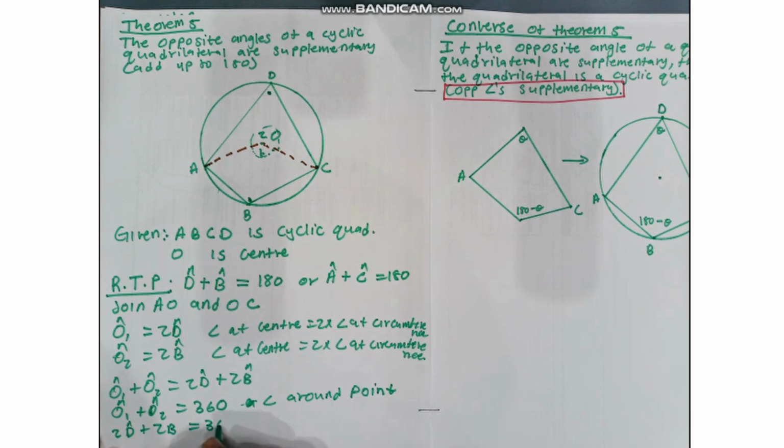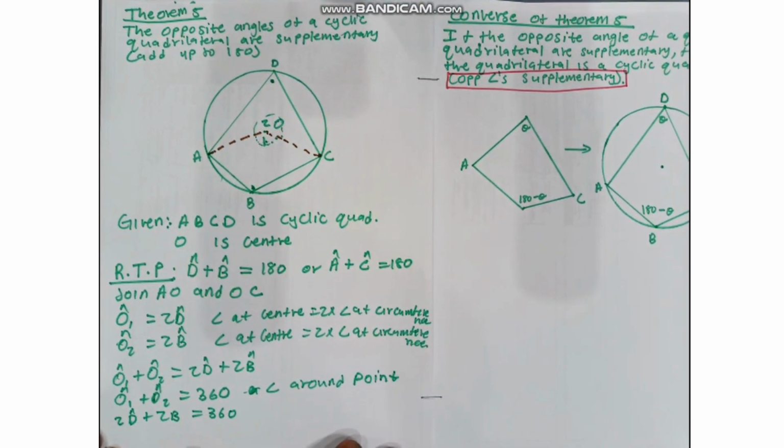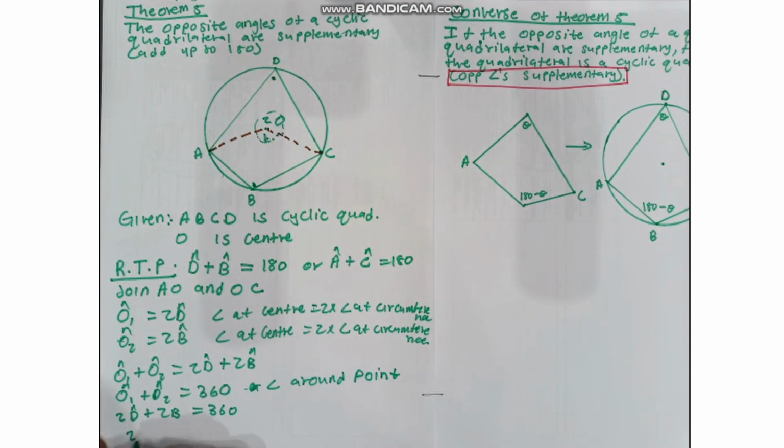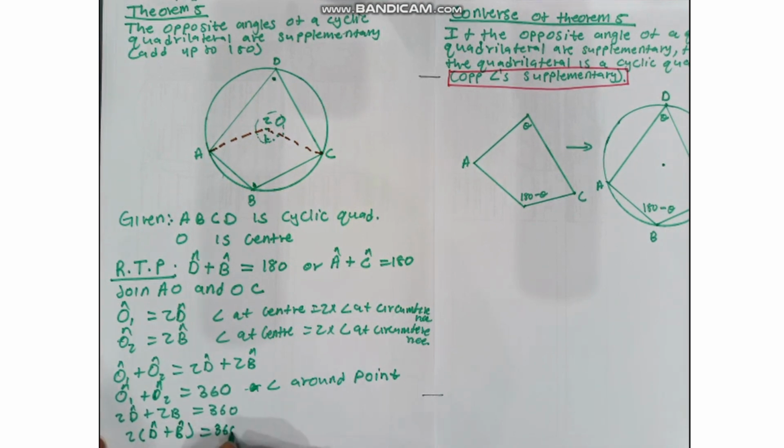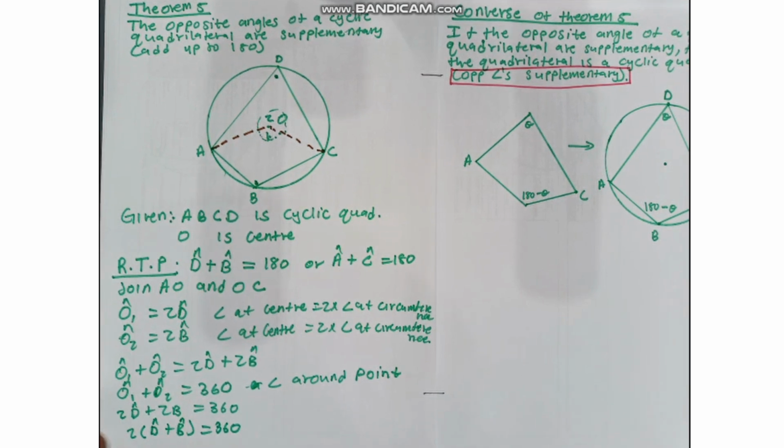2D plus 2B is equal to 360. Our common factor here is 2, then D plus B is equal to 360 divided by 2.